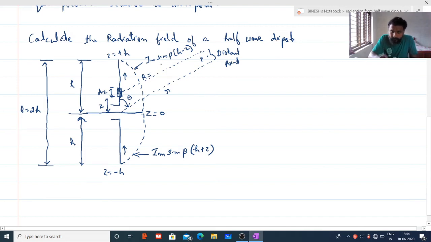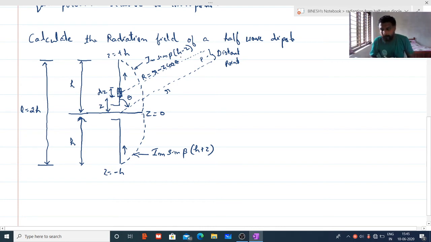At the far point P, both R and r can be taken as the same. In general I can write R equal to small r minus z cos theta.